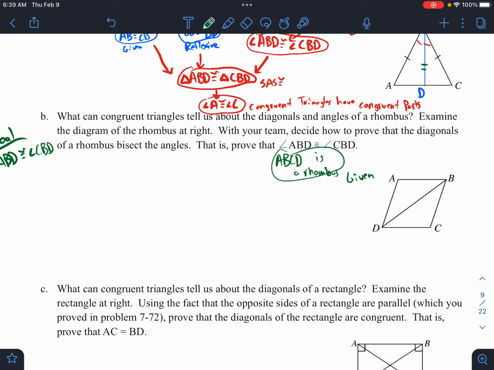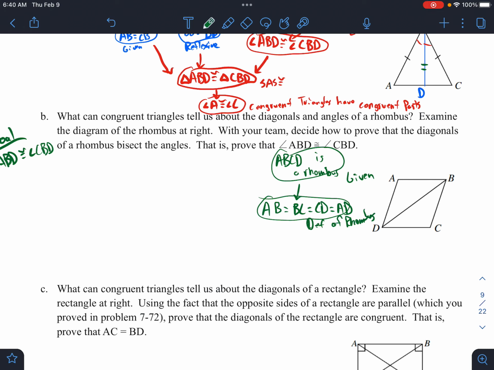So we know then that AB is equal to BC, which is equal to CD, which is equal to AD. All of our side lengths are equal. This is the definition of a rhombus.